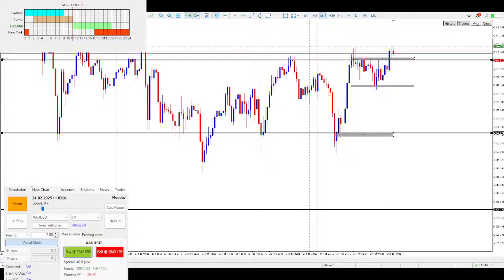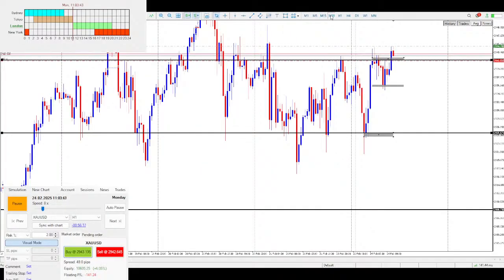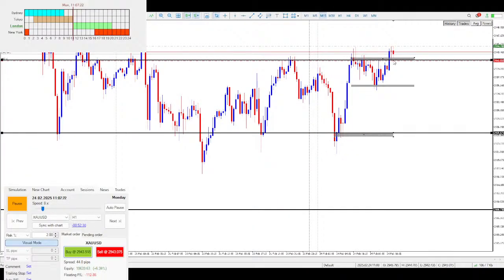That trade I took, I risked 1% of the account, anticipating that this M15 should not break this and it should continue moving up.